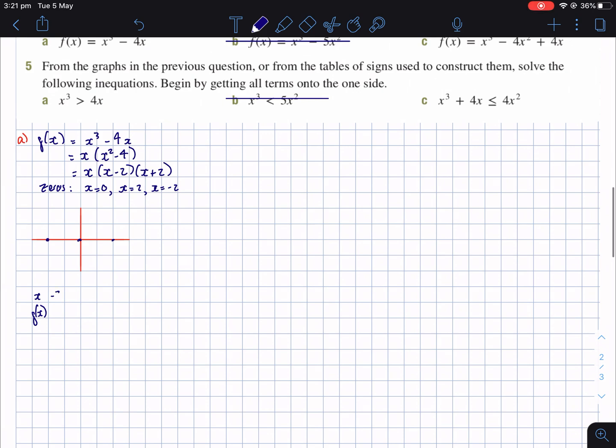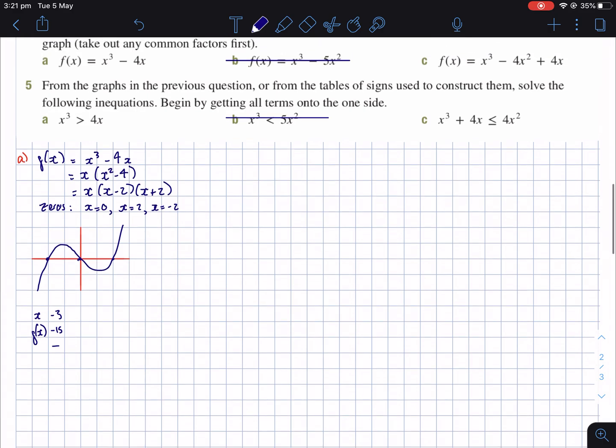So if x is negative 3, f of x, let's do it, negative 3 cubed, take 4 times negative 3, it's negative 15, which is negative. So we're starting down here. Be nice if I could actually hit any of those zeros. There we go. So it's going to look like that.